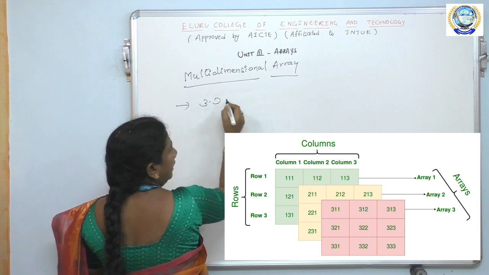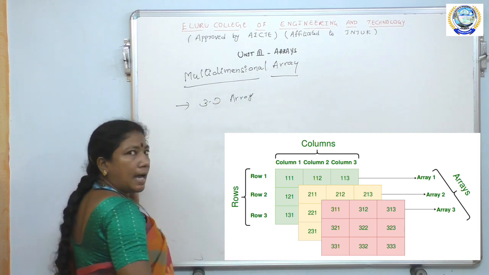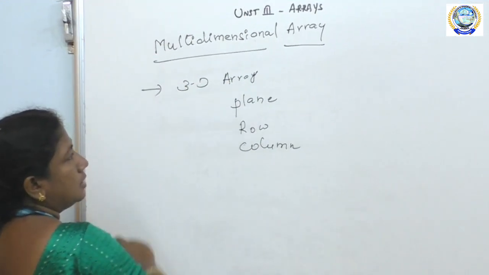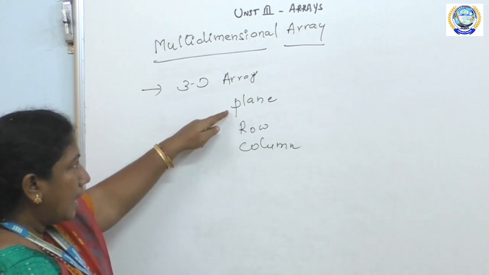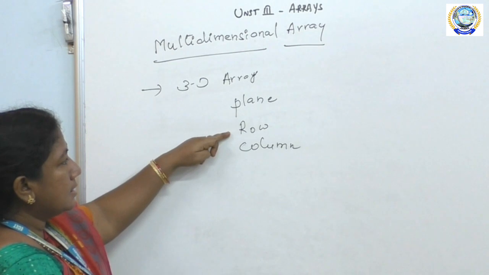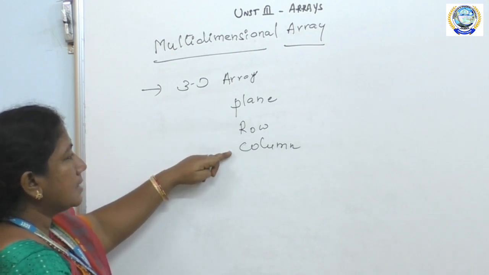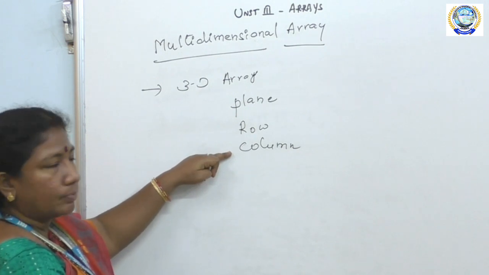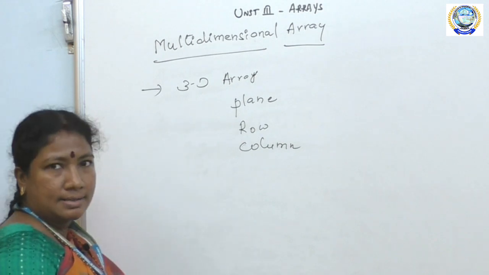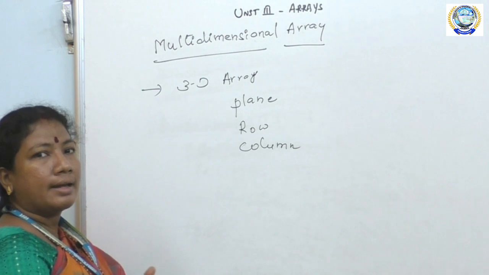If we take three-dimensional arrays, in this we have three dimensions. The first dimension specifies the plane, the second dimension specifies the row size, and the third dimension specifies the column size. Actually, this three-dimensional array is an array of two-dimensional arrays.